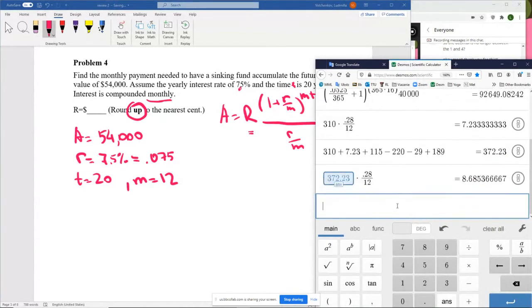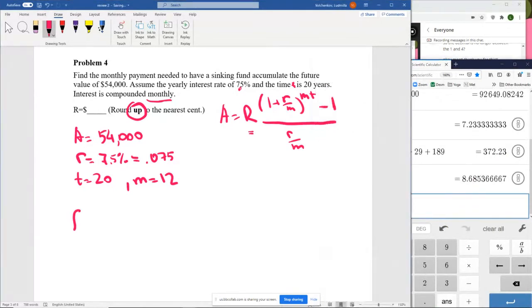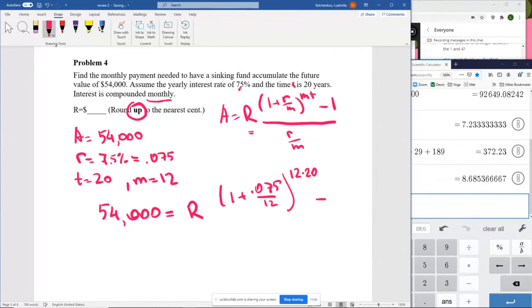So we can write it in this formula with substitutions. We know A, it is 54,000. We don't know R. 1 plus 0.075 over 12 raised to the power 12 times 20 minus 1, so this is in parentheses, and divided by 0.075 over 12.